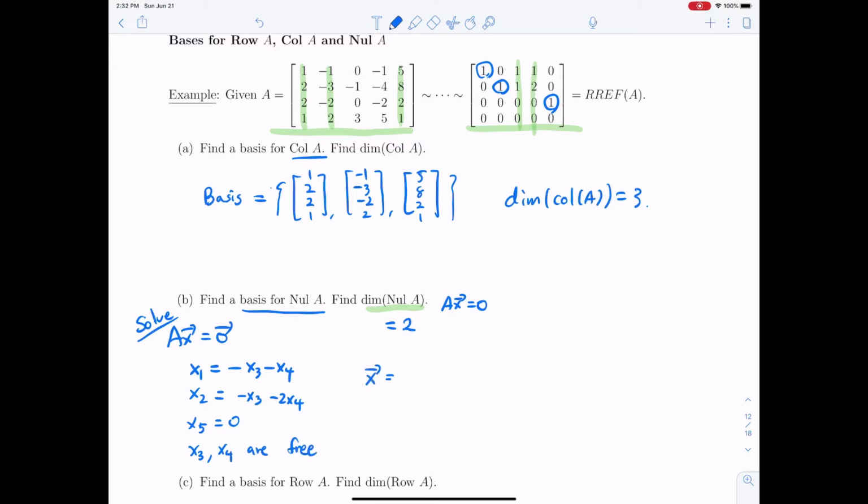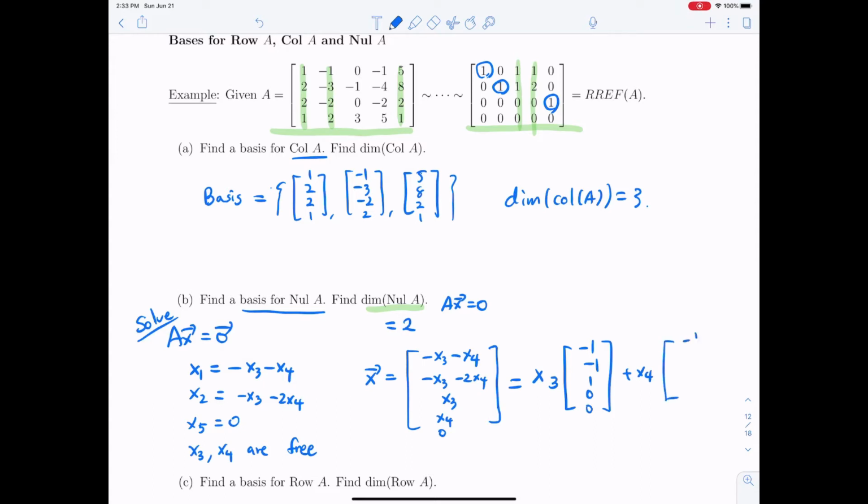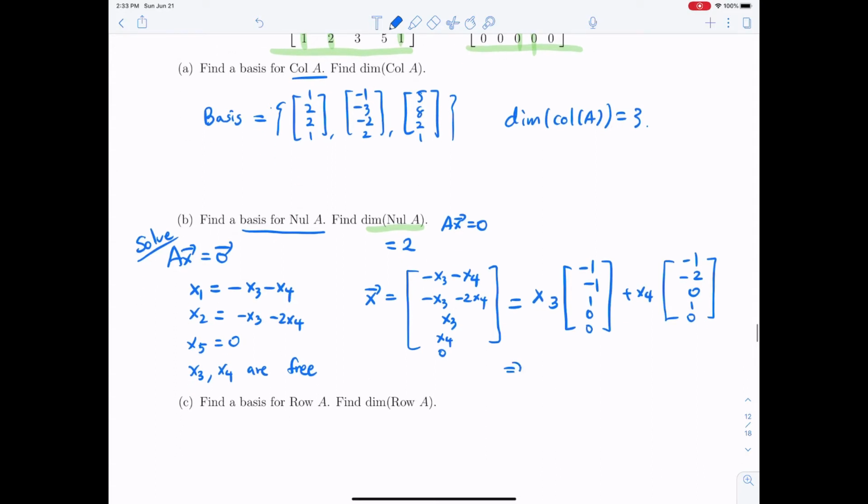So the solution set corresponds to (-x3 - x4, -x3 - 2x4, x3, x4, 0), where if you separate the variables, that gives you x3 times (-1, -1, 1, 0, 0) plus x4 times (-1, -2, 0, 1, 0). So this tells you that the basis for the null space equals (-1, -1, 1, 0, 0) and (-1, -2, 0, 1, 0).